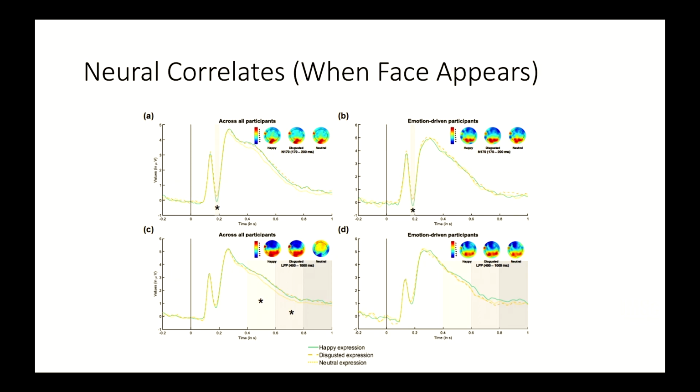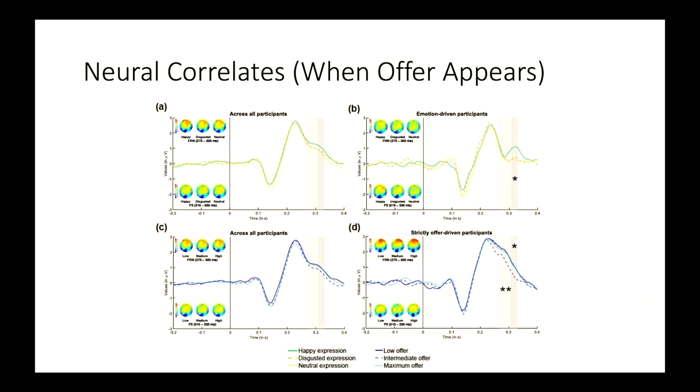So, these are the neural correlates when the face appears. This is when the offer appears. When the offer appears, there is a component called FRN, frontal related negativity. That is sort of a punishment marker. So, you have a negative peak if you do not like something.